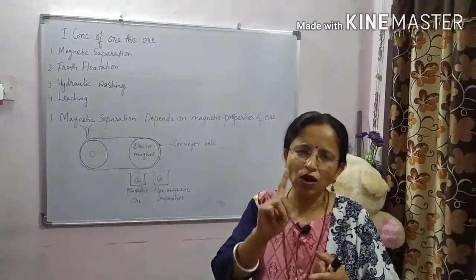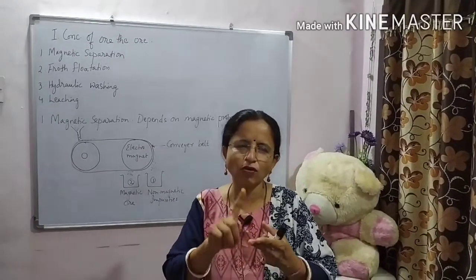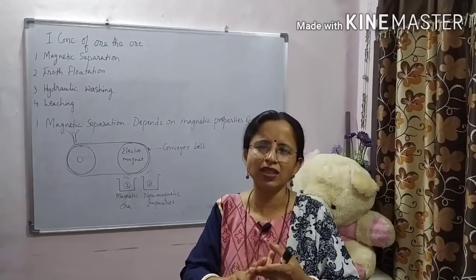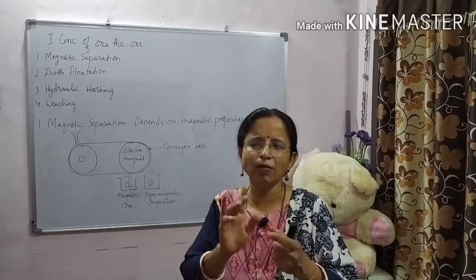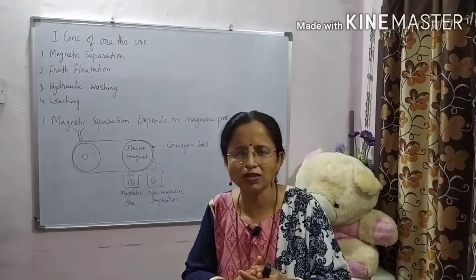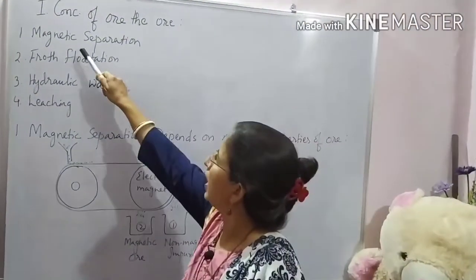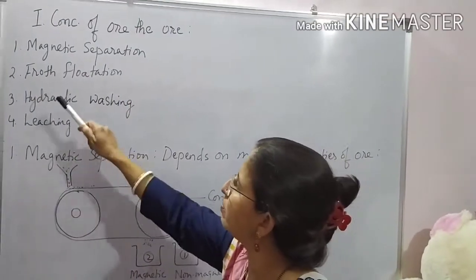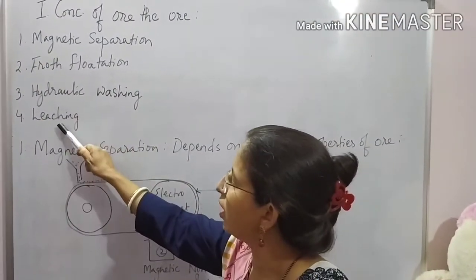First step is concentration of the ore, second step is extraction of crude metal, and the third step is refining. Today I will explain to you the details about the first step, that is concentration of the ore. Concentration of the ore can be done by either magnetic separation, froth flotation, hydraulic washing or leaching.